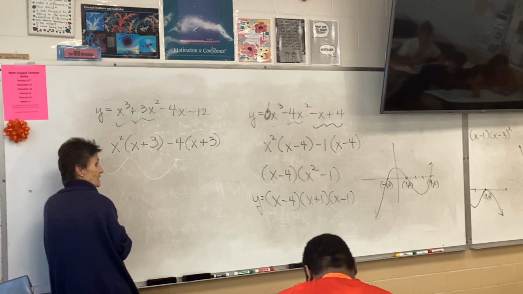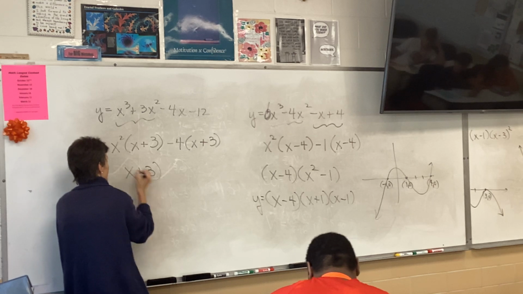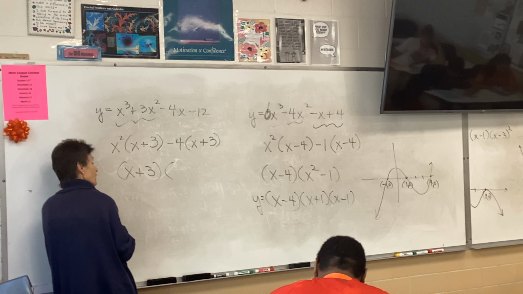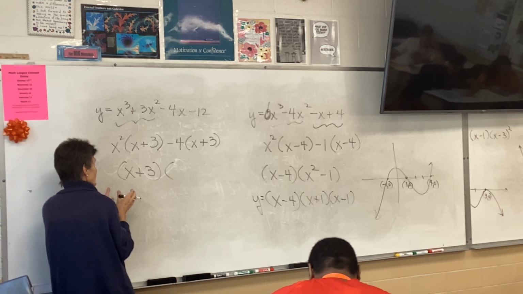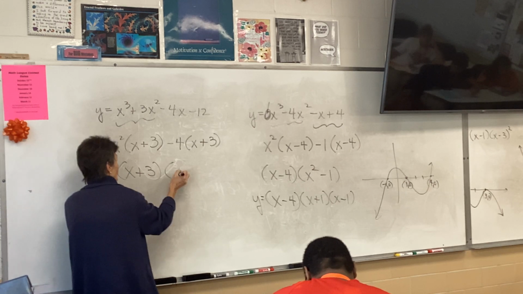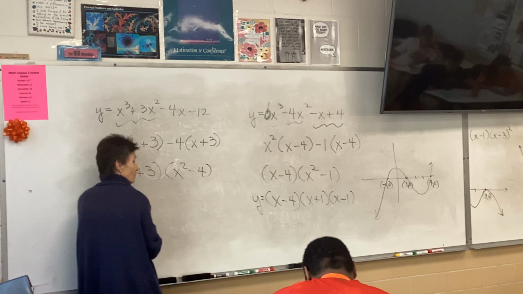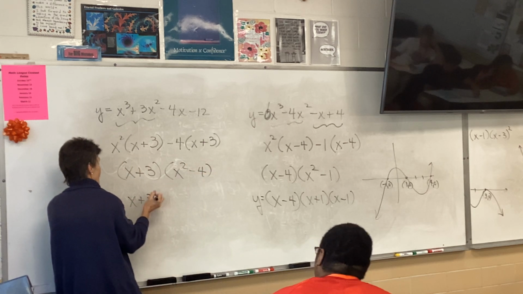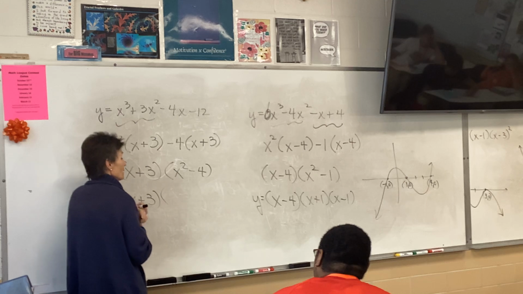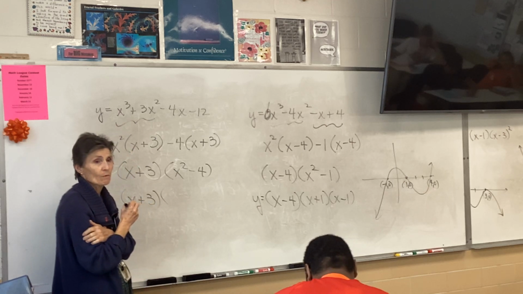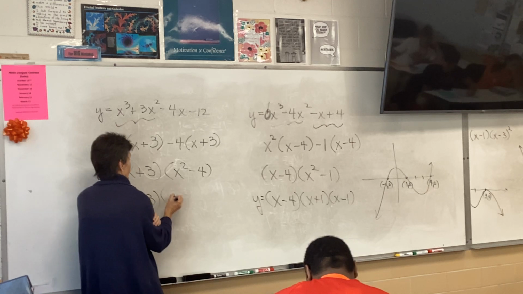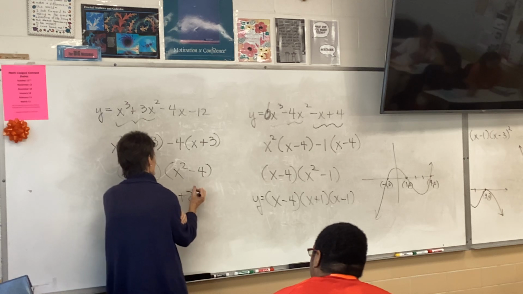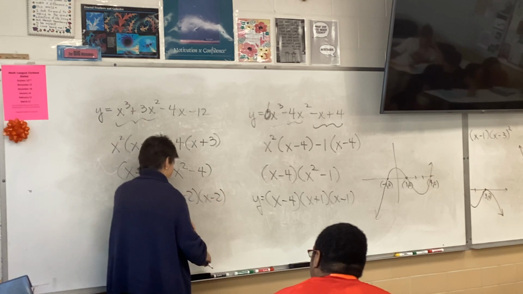We have a common factor. Leftovers, x squared minus 4. And what do we know about x squared minus 4? x plus 2, x minus 2. And now you're ready to graph.